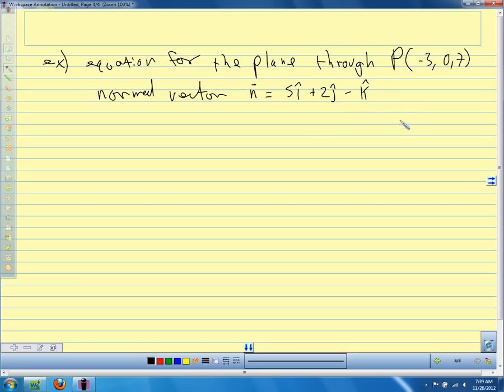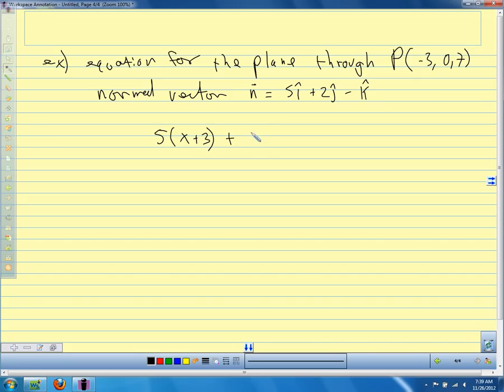So if we have our points and we have our normal vector, most of our work is already done to find our equation for a plane. Our coefficient on the x's is 5. So we just pick out our coefficient from the normal vector, and 5 times x minus whatever point we're given.